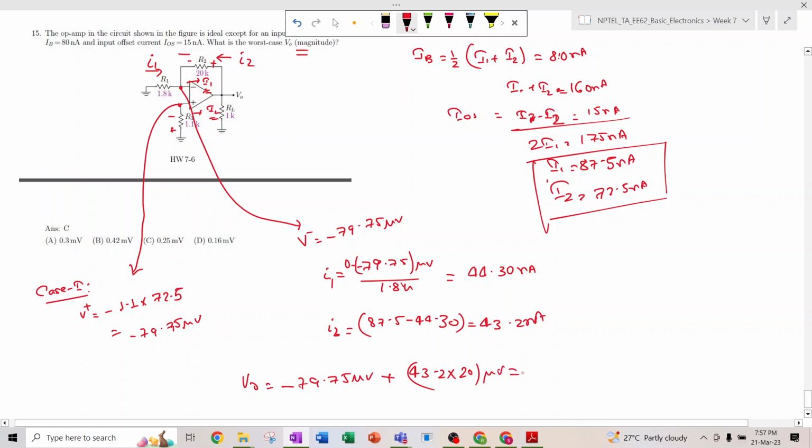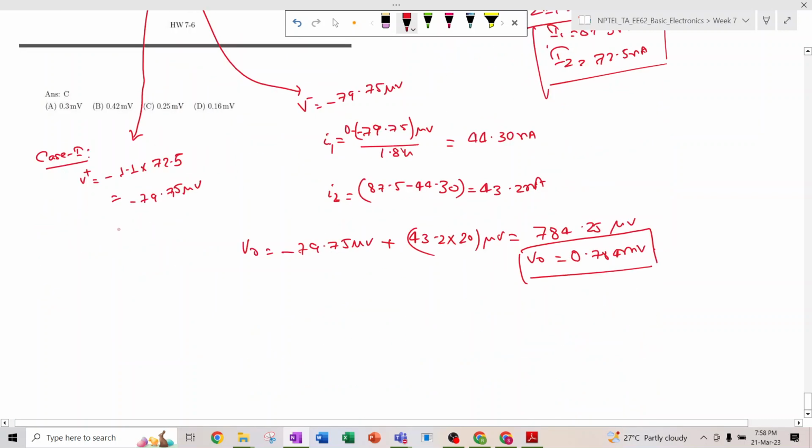So what is this coming? 43.2 into 20 minus 79.75, that is 784.25 microvolt. That means 0.784 millivolt. So this is the V0 in the first case. Okay, it is not given in the answer.